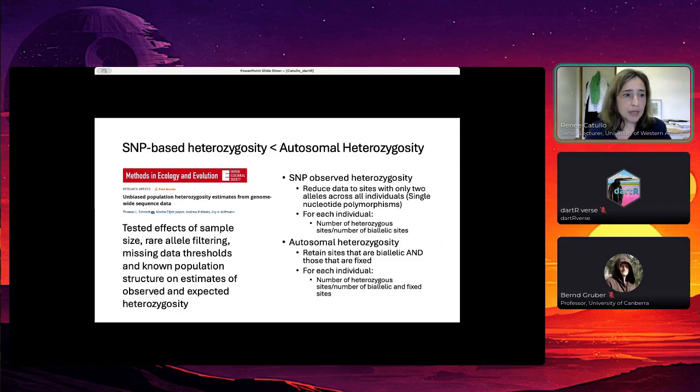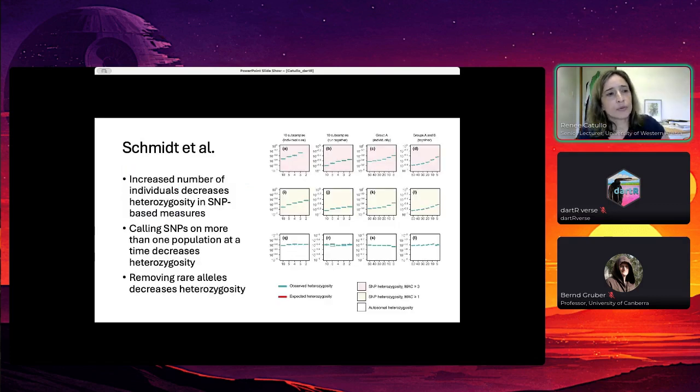And he tested for the effects of sample size, rare allele filtering, missing data threshold, and population structure. What he found was that increasing the number of individuals decreases heterozygosity in SNP-based measures, which was interesting. And these are weird graphs because they're kind of flipped over, but he found these things.